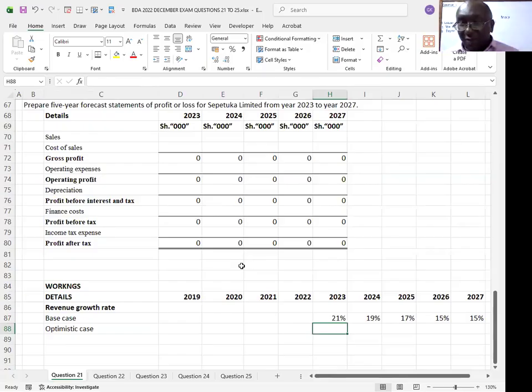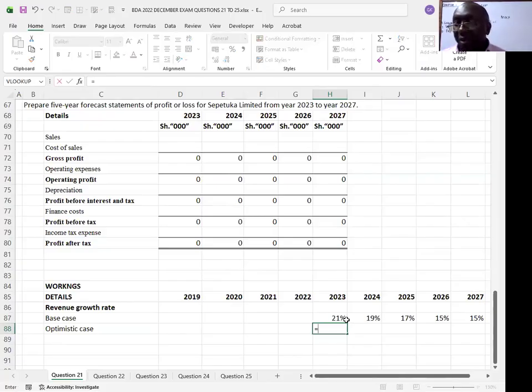I actually did not require these years 2019. Maybe I may require them down. So takuja hapa tuseme equals. You take this one. You multiply by 120%. So you multiply by 1.2. Give me the answer.